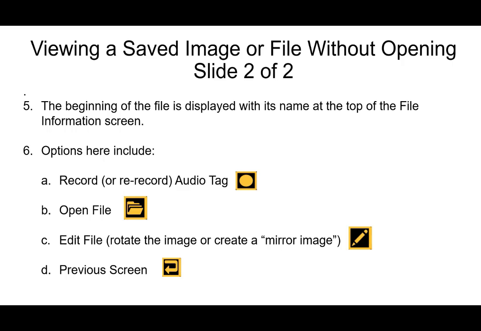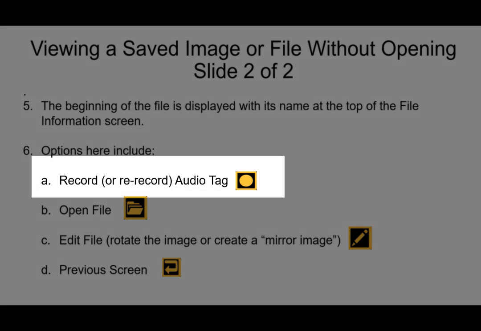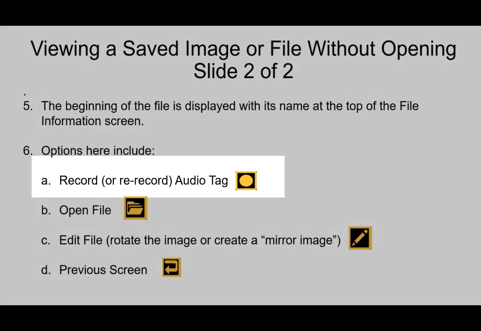From here, the beginning of the file is displayed with the name of the file on the top of the information screen area, and you'll notice that that file name, unless you've done something to rename it, is quite long. The options here include to record or re-record the audio tag, and that's located in the upper right-hand corner of the screen.